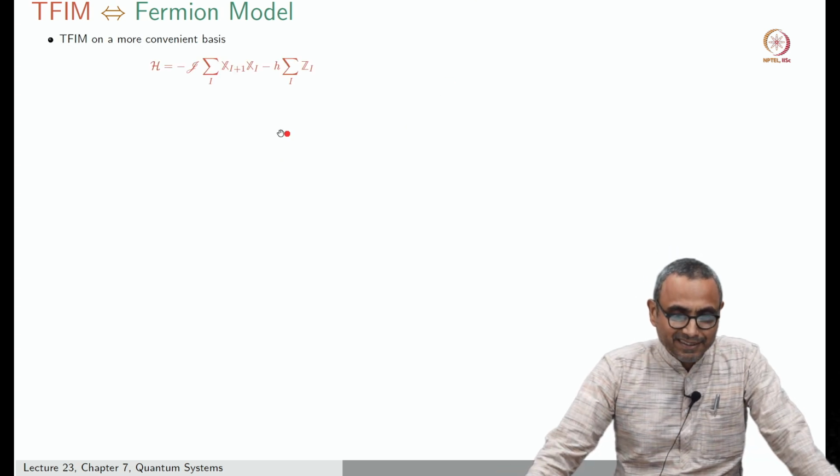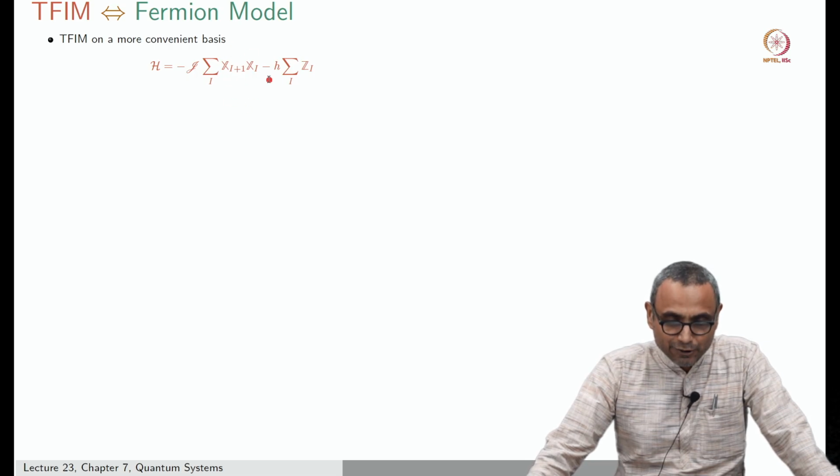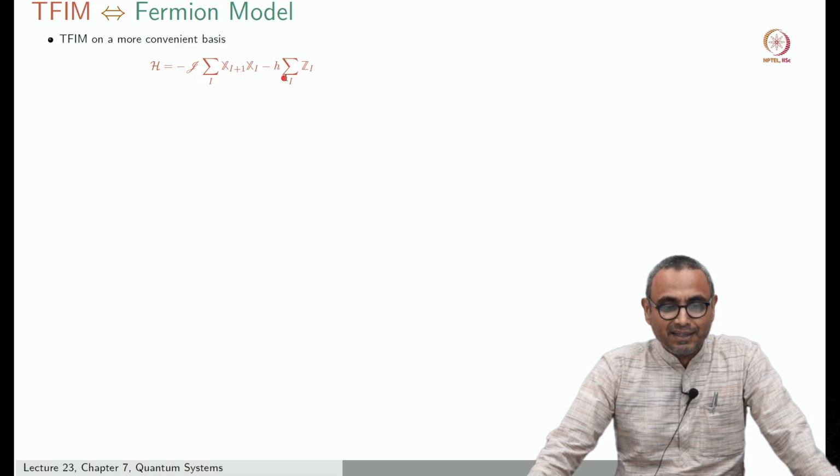So, we first converted the transverse field Ising model to a convenient basis. The Ising interaction term is now written in terms of the X operators on qubits, and the transverse field term is written using Z operators.